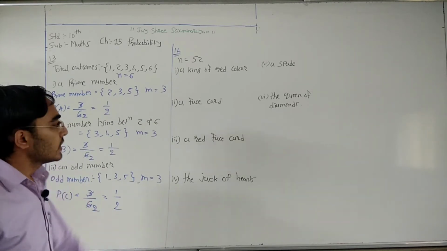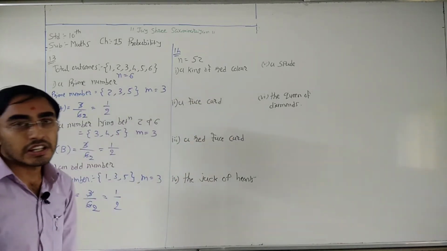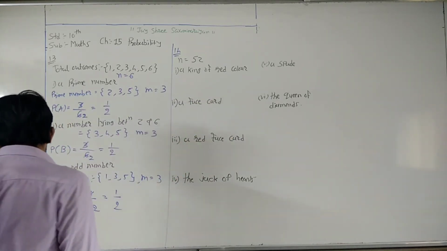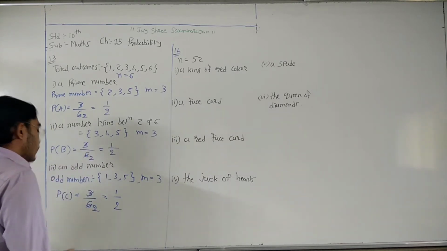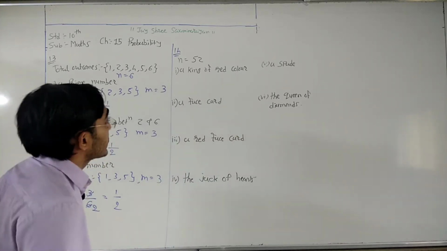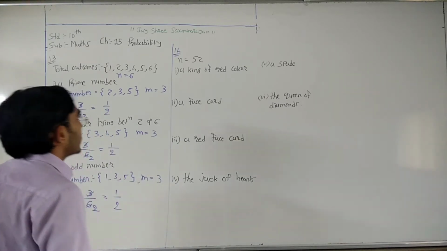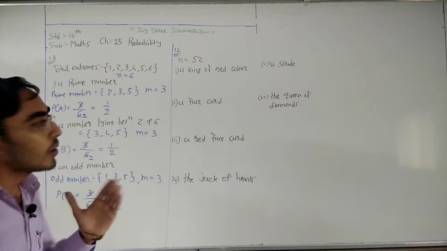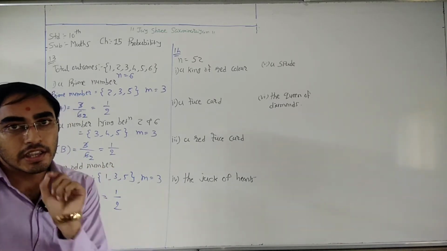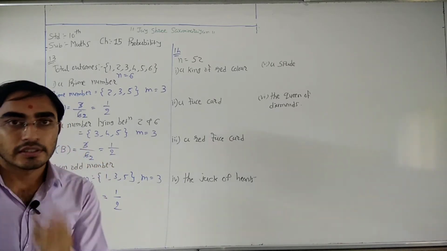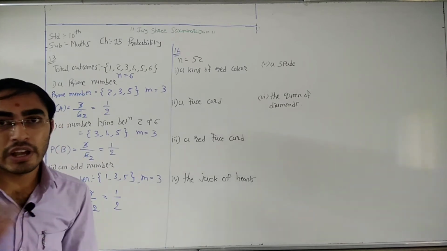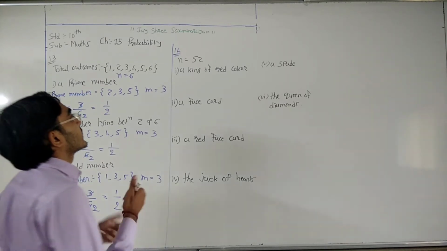Now from that we just need to write the answer of this. Okay. Now first of all we want to find the probability of a king of red color. So total how many kings are there of red color?